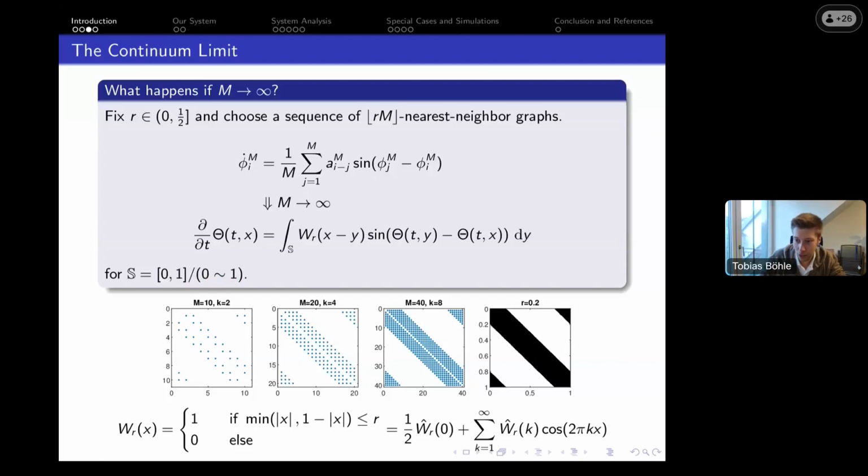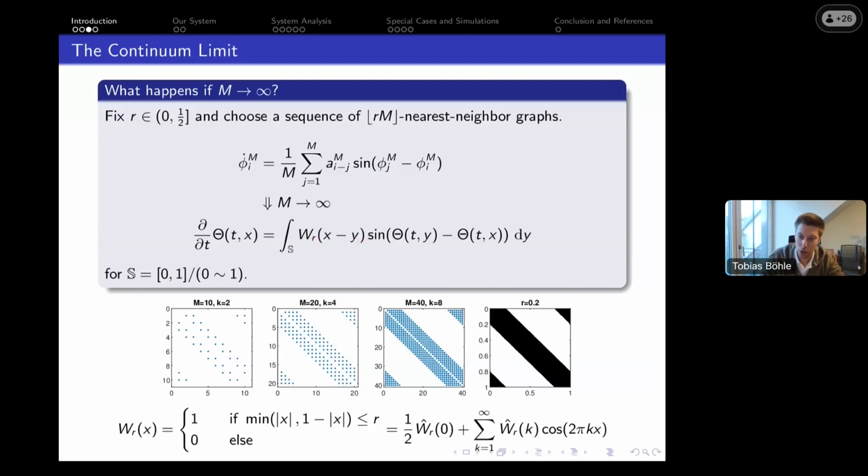Okay, so to transition to this continuum limit, basically what you do is you replace the averaging sum with an integral here. The sine coupling function remains exactly the same, and these coefficients get replaced by a graphon.